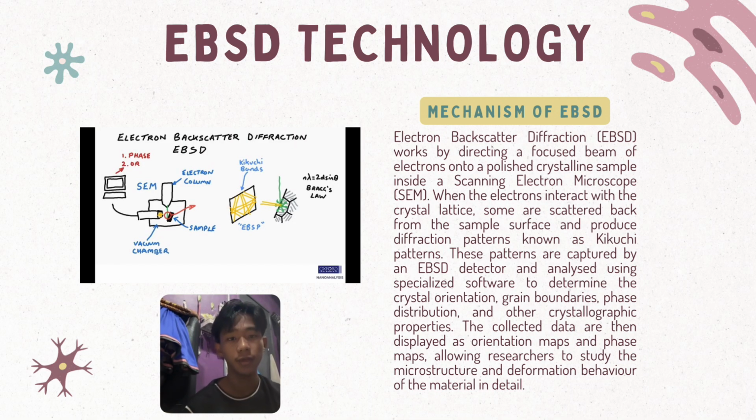How does EBSD actually work? The mechanism involves directing a focused beam of electrons onto a polished, tilted crystalline sample inside the SEM. When these electrons interact with the crystal lattice, they scatter and emerge from the surface, producing distinct diffraction patterns known as Kikuchi patterns.